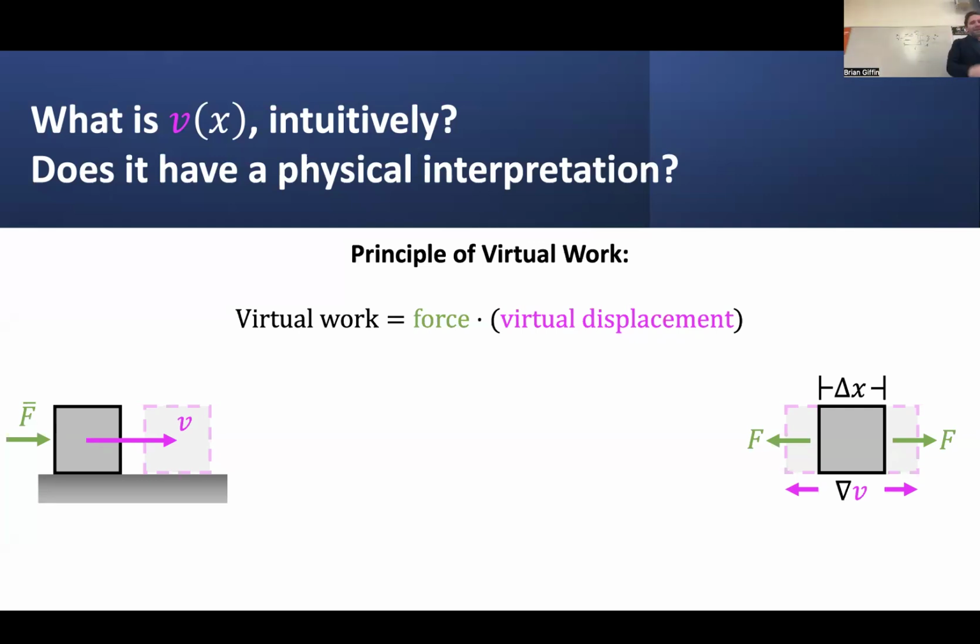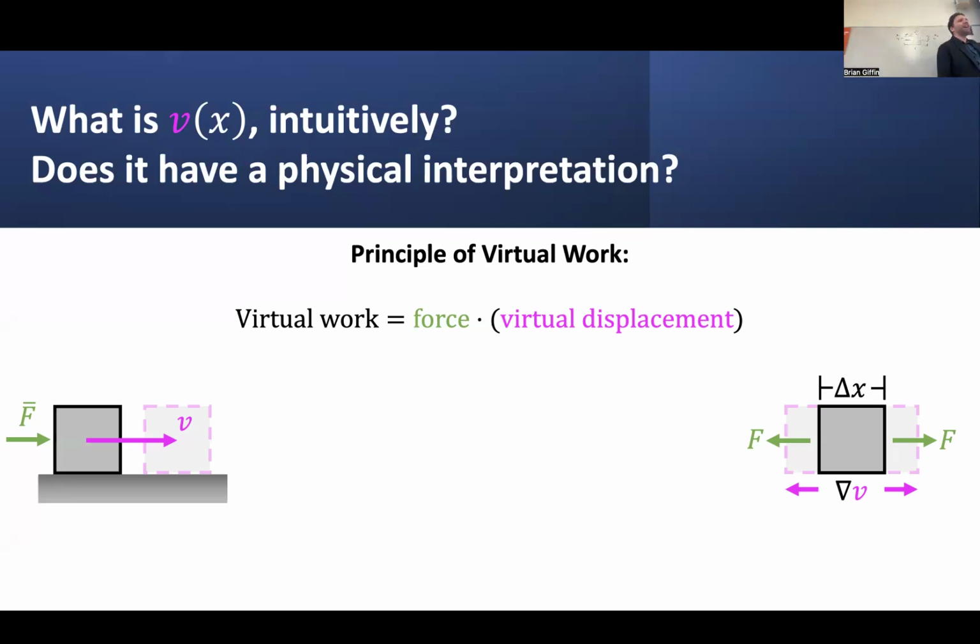So if you remember the principle of virtual work, the idea was this. Given some kind of structure, which might be subjected to some set of external forces and which might have some internal forces defined inside of it, the principle of virtual work stated that if I have some definition for all these forces applied to this structure, I can imagine what is the virtual work done by those forces moving through a particular virtual displacement.